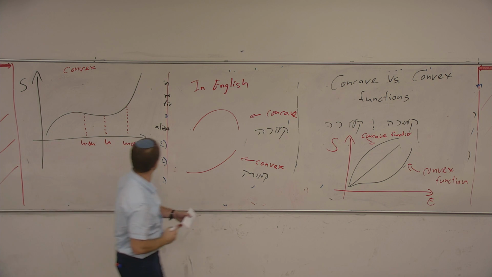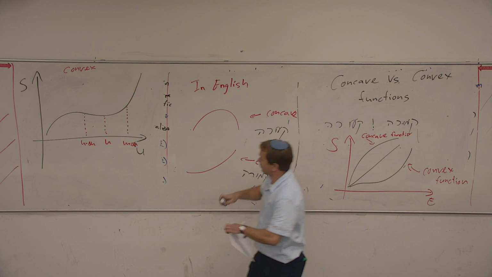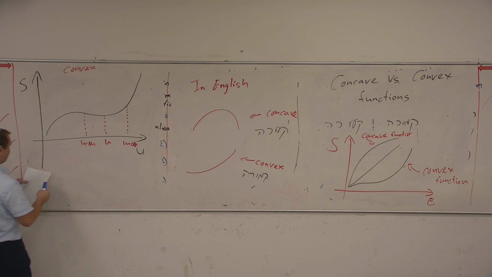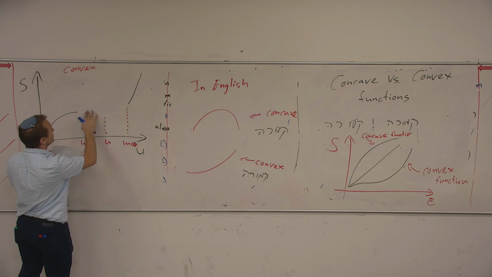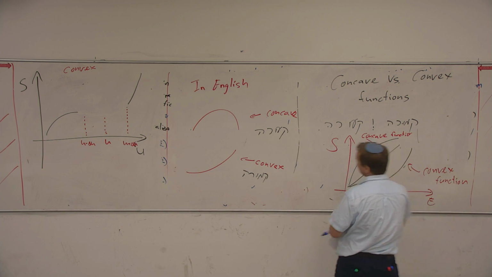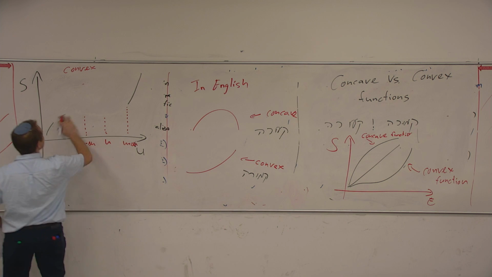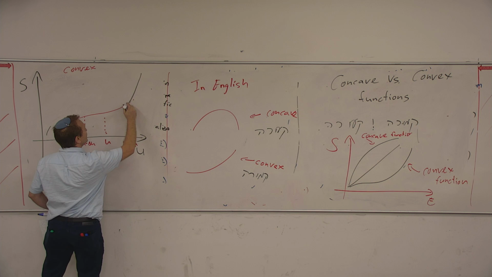It cannot be negative, sorry. It has to grow, right? I plotted something which is not physical. So this is this.